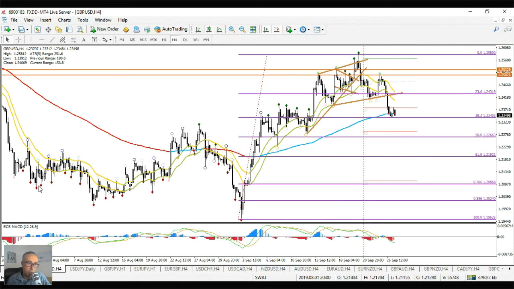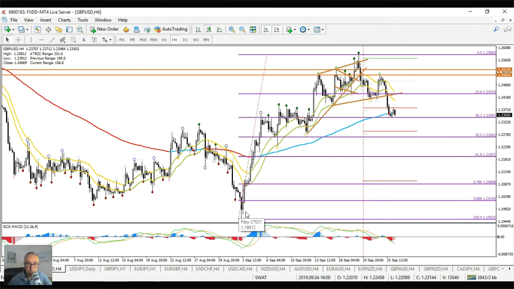Maybe it's better to wait for a confirmation break near 125. It will be also good. Yeah, it depends. Confirmation is definitely useful and good.